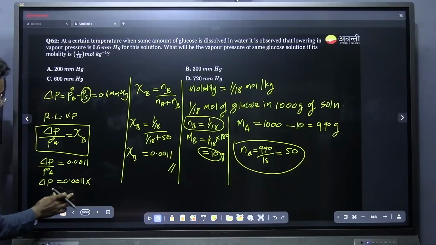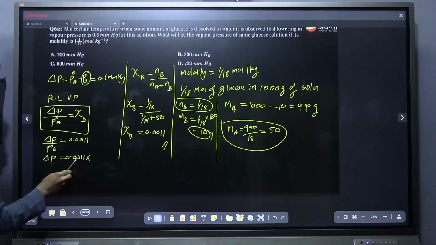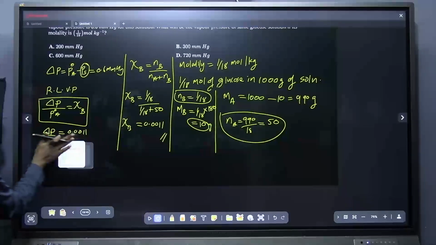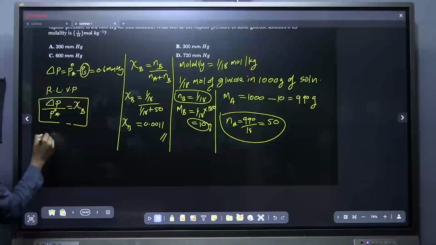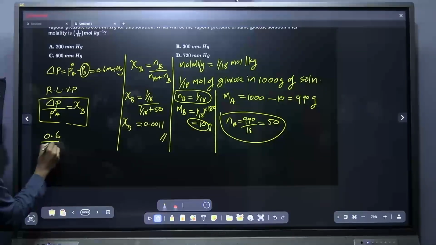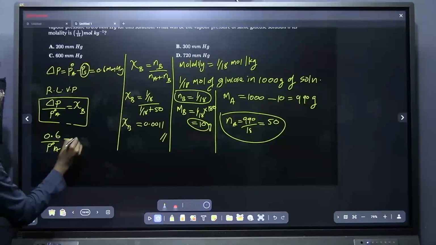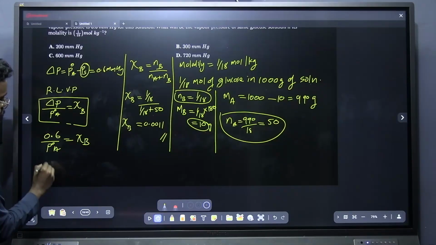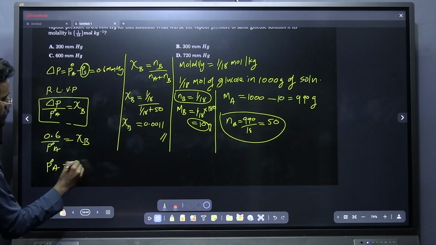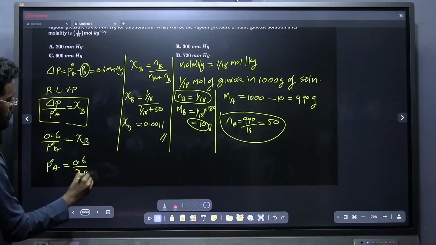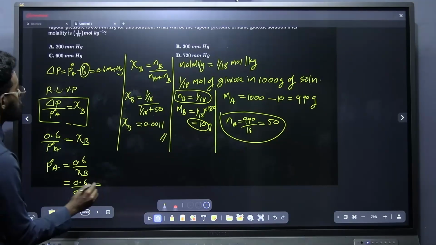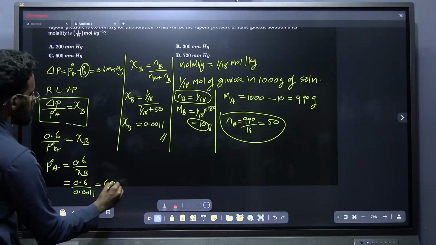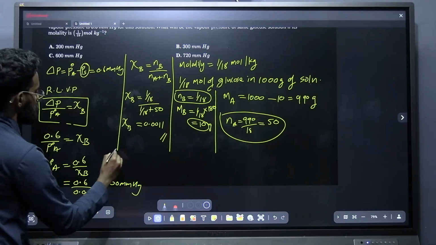No. But delta P is given in the question, so why do we need the P naught A value? Delta P is 0.6. So 0.6 divided by P naught A is equal to Chi B, so P naught A will be 0.6 divided by Chi B, which is 0.6 divided by 0.0011. On solving this, you will get the answer around 600 mm Hg.